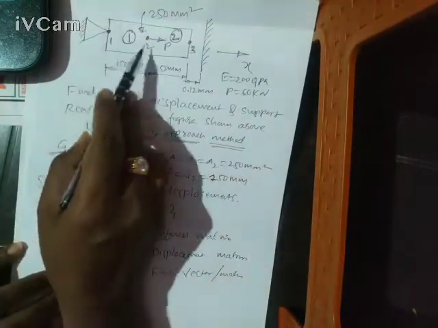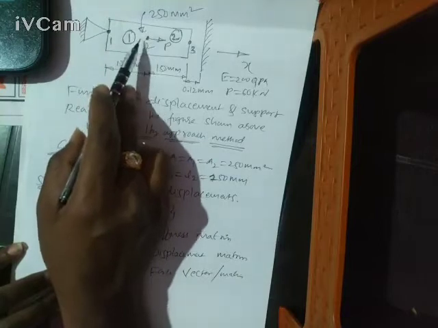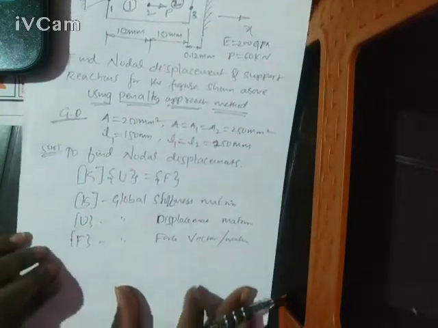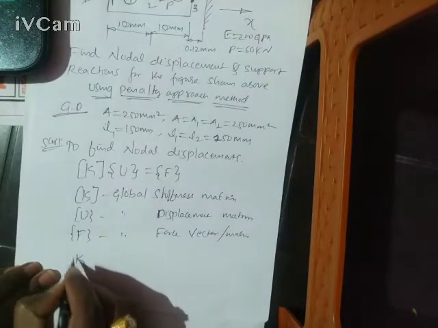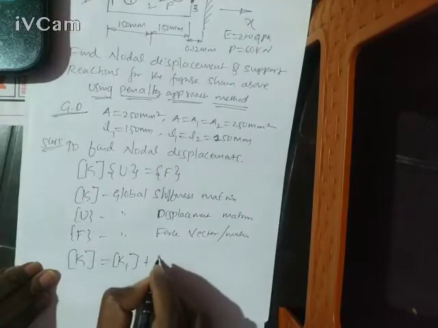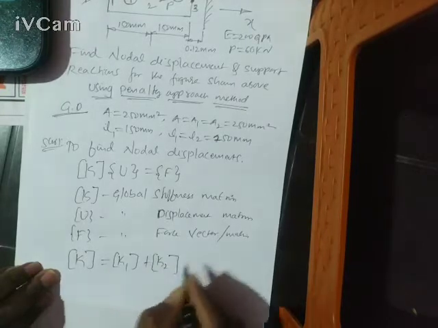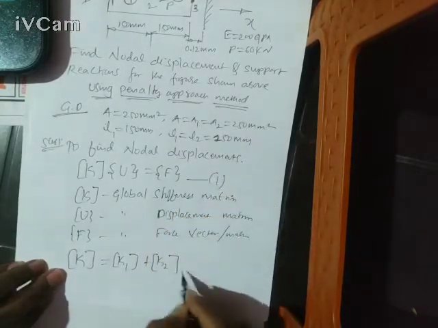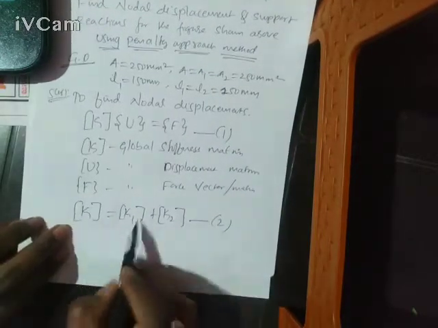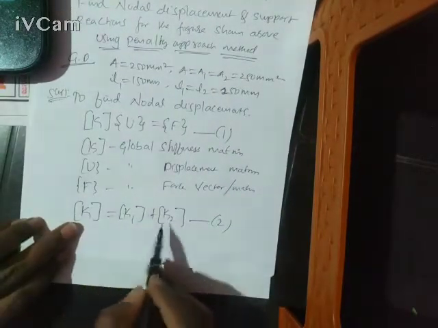Since there are two elements, 1 and 2, my global stiffness matrix will become K is equal to K1 plus K2. I am going to call this equation 1, this as 2. Now first we have to find out the global stiffness matrix values.